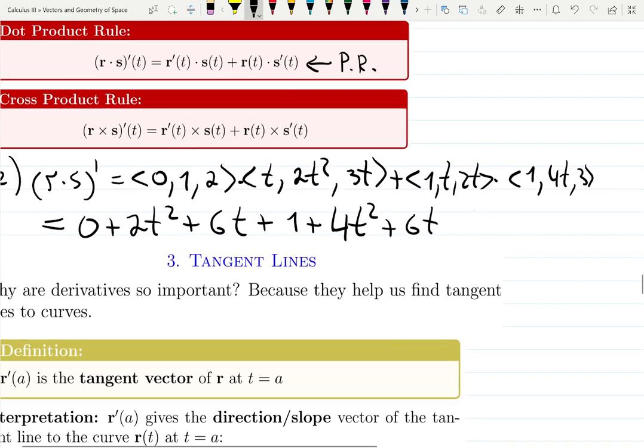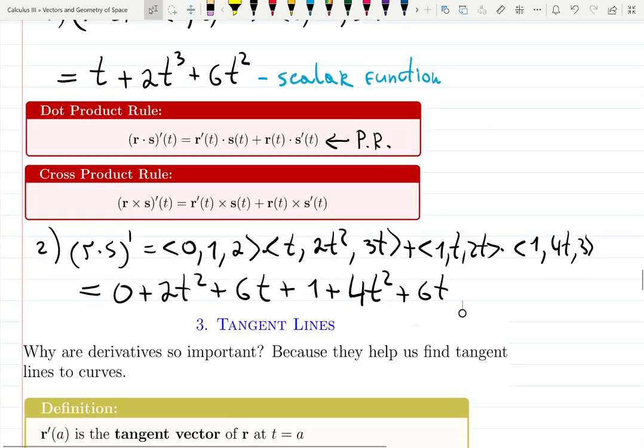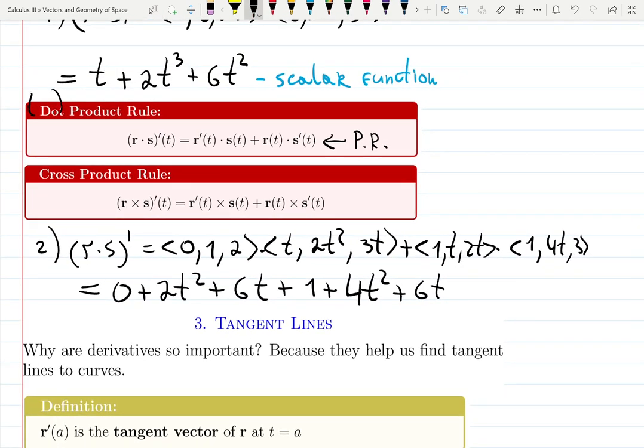When you simplify this, it's supposed to give you this derivative, which is 1 plus 6t squared plus 12t. Let's check. I do see 1 plus 6t plus 6t, 12t, plus 2t squared plus 4t squared, 6t squared, the same thing. So we just checked that the product rule works. Either you first find the product and then differentiate, or you use the product rule right away.